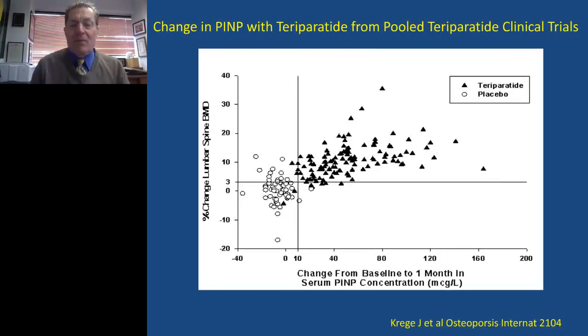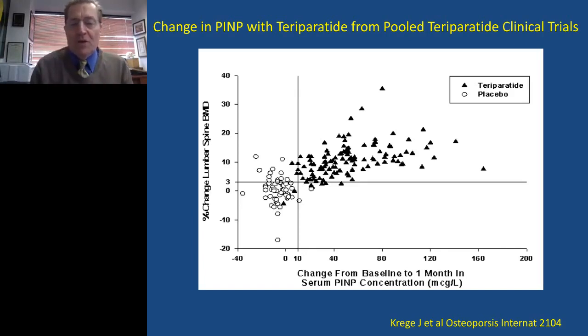This is a paper that we recently published. John Craigie, a clinical scientist with Lilly, was the first author on this paper. This is the pooled data from the various teriparatide clinical trials, looking at the change in the placebo group compared to the change in the P1NP from baseline to 1 month after starting teriparatide.